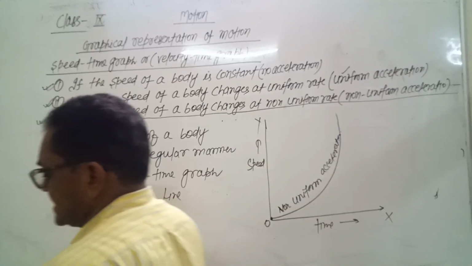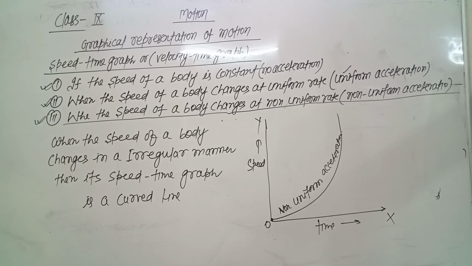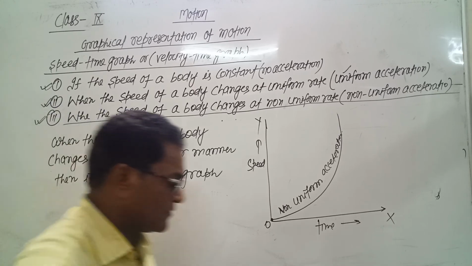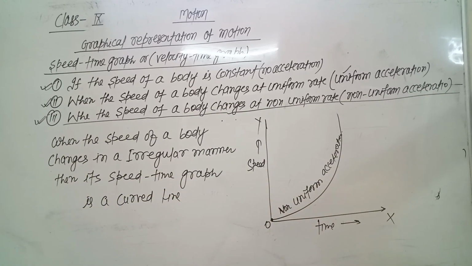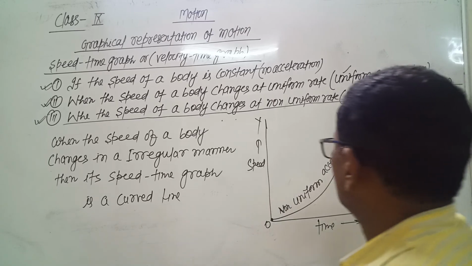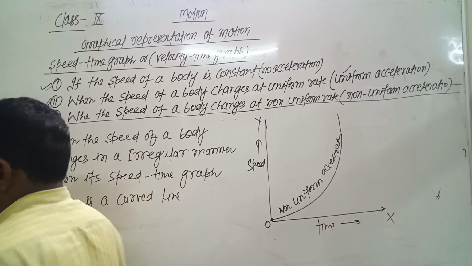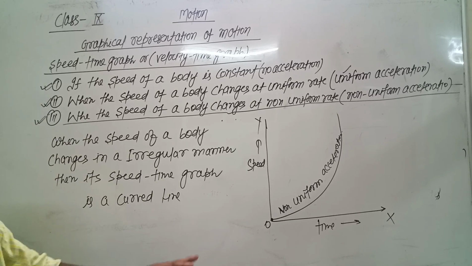When the speed changes by unequal amounts in equal intervals of time, then the motion is called non-uniform motion and the acceleration produced is called non-uniform acceleration, and the speed time graph is a curved line. So the speed time graph of a non-uniform motion is a curved line.